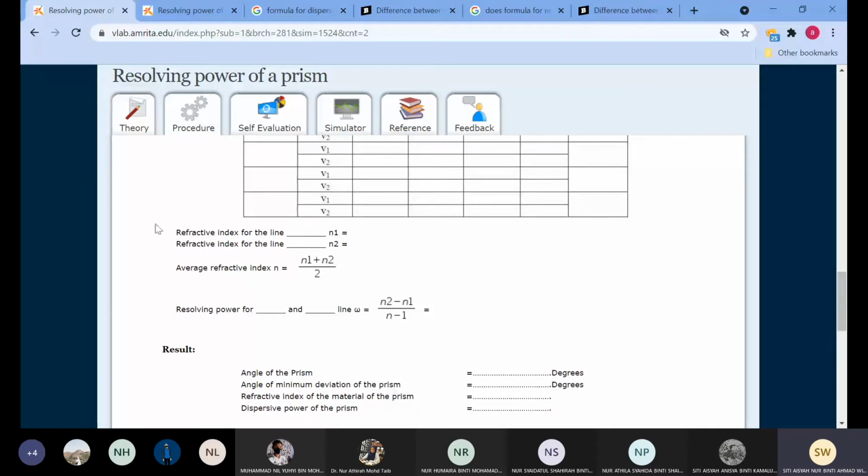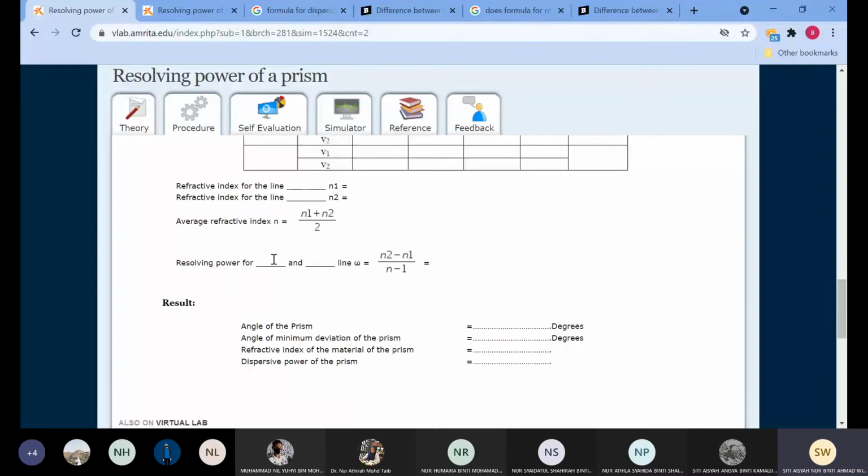Refractive index for the line of the color that you choose, N1, and the refractive index is also the same for N2. To find the average of the refractive index, we use this formula, N1 plus N2 divided by 2. For resolving power for the color for N1 and N2, we've got the formula omega is equal to N2 minus N1 divided by N minus 1.